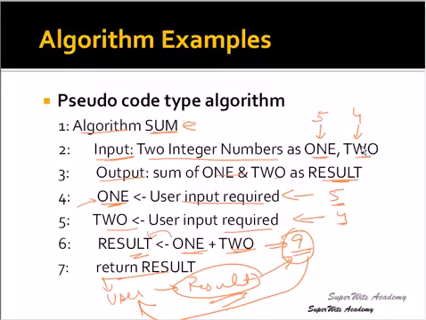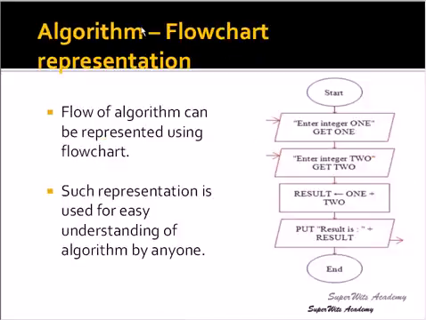Similarly, you can display it as a diagrammatic representation. We call it a flowchart representation. In this we have some specific symbols. We will study these symbols in the next few slides. So for your reference only, we were adding two numbers, so we say enter integer 1 and get it from the user, enter integer 2, get it from the user again, add num1 and num2 and put the sum in result, and then print it on your display screen.